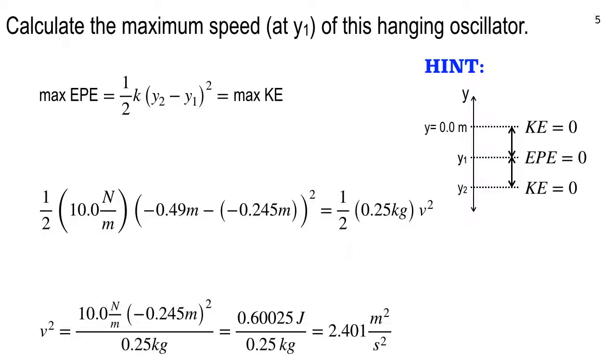So that works out to 6.0025 joules in the numerator. Yeah, so that's also your total mechanical energy, E. Actually, that's twice the total mechanical energy. Anyways, you divide by 0.25, you get 2.401. So that's v squared.